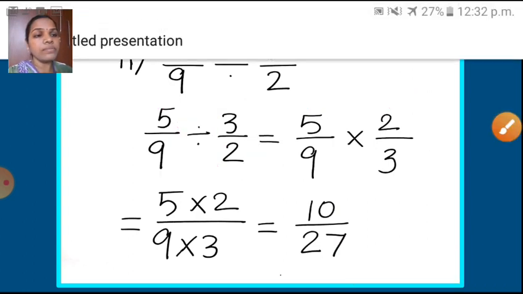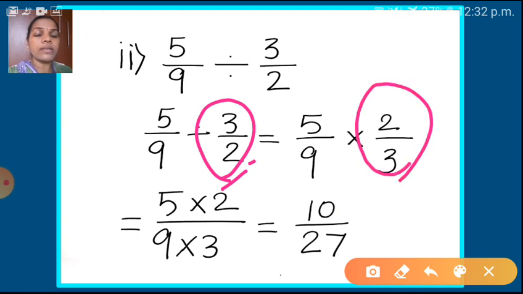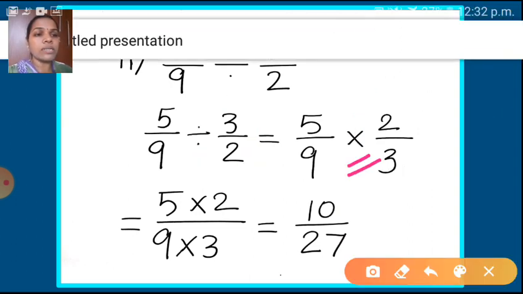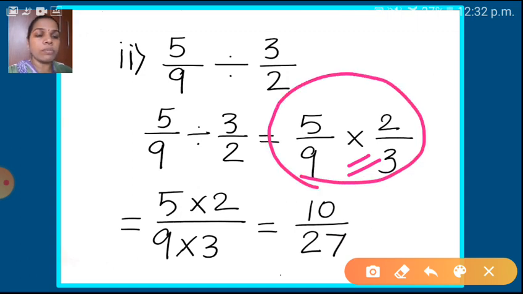What is the reciprocal of 3 upon 2? 2 upon 3. Here I have interchanged the numerator and denominator. So 2 upon 3, and here multiply.